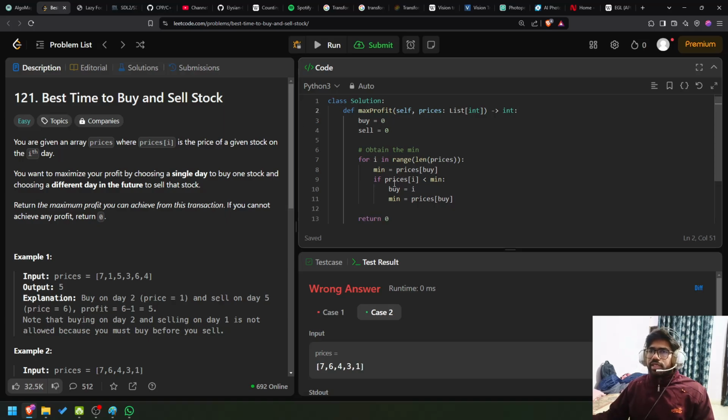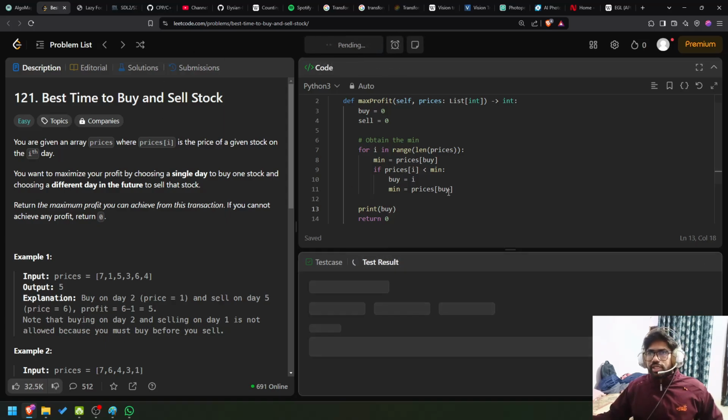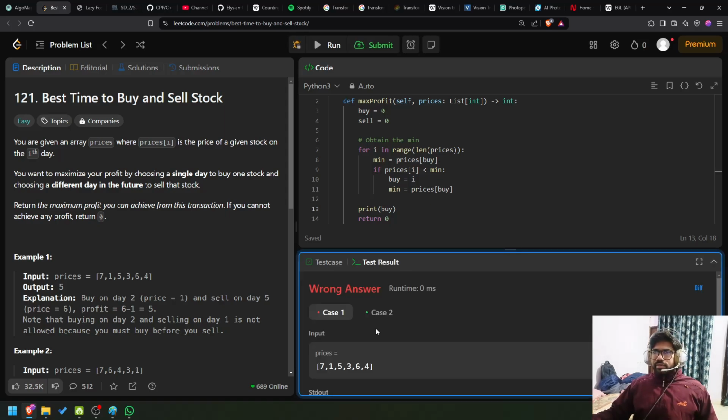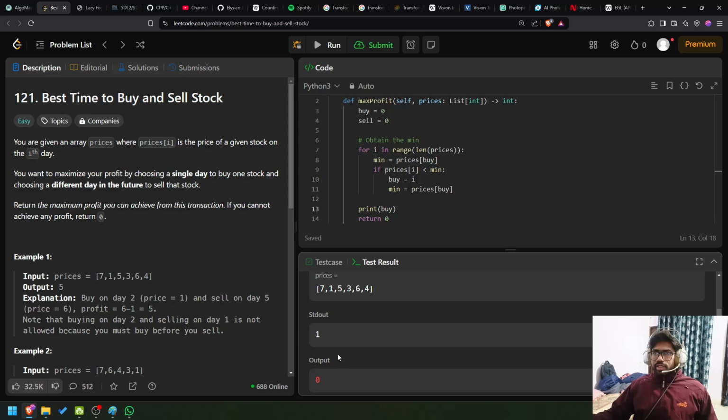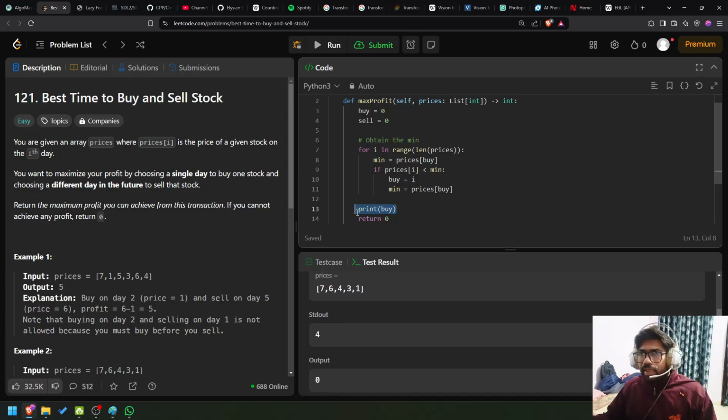Buy is the day. So I think I should print buy, the index, right? I should have the correct index. I get 0 1, yes, that is correct, and 0 1 2 3 4. Nice.